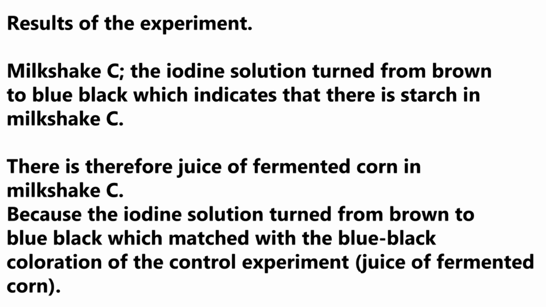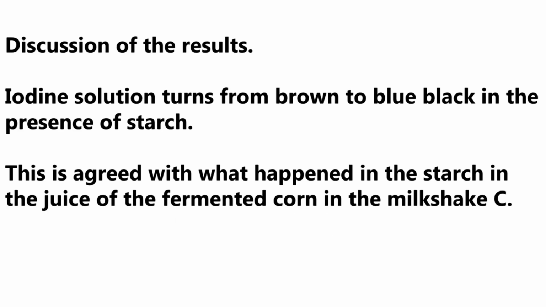Then the students went on to say that there is juice of fermented corn in milkshake C because the iodine solution turned from brown to blue-black in milkshake C. Then in the discussion of the results, the students wrote, iodine solution turns brown to blue-black in the presence of starch.